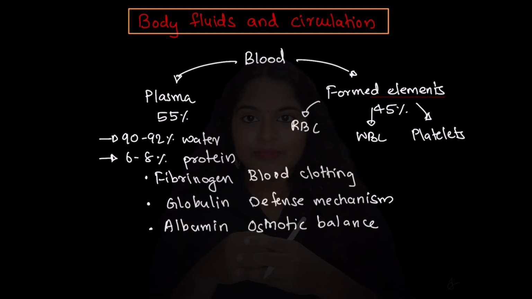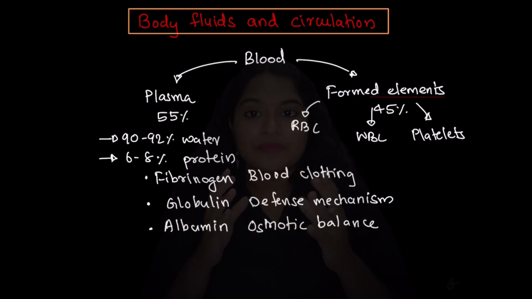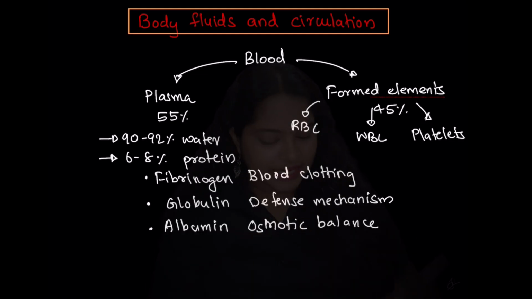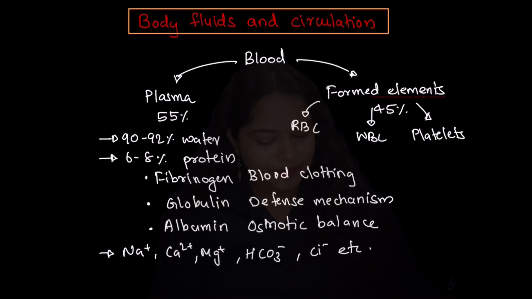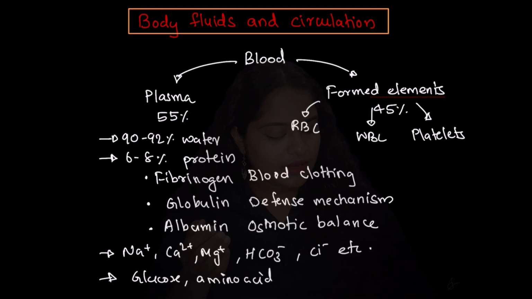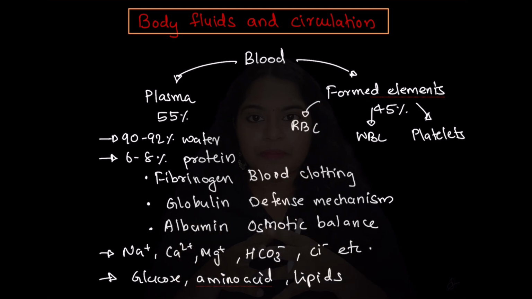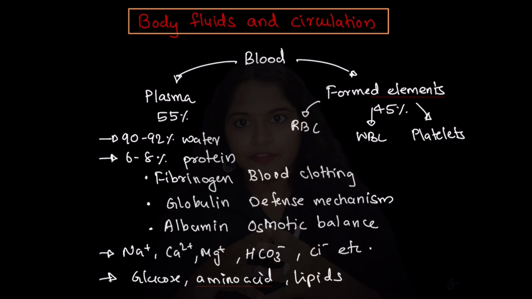So in addition to plasma proteins and water, this plasma also has certain minerals like sodium, calcium, magnesium, bicarbonate, chlorine, etc. And there are glucose, amino acids, and lipids also present in the blood, as these are absorbed from the digested food.